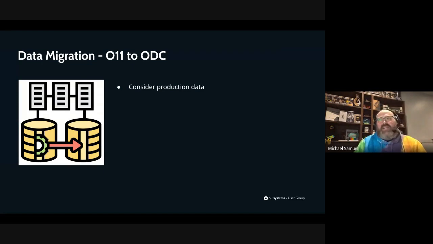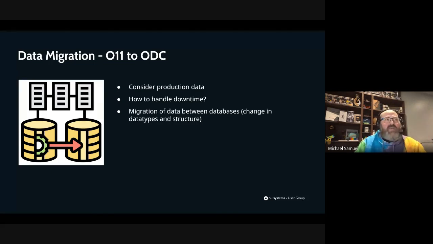But you certainly need to take into account the production data and how we're going to move that between the OutSystems 11 context and ODC. How to obviously handle downtime when you are moving from one application, one platform, to the other. And then any issues that you might have of migration between data types. Between the databases, you could have changes in the data types and structures as well.